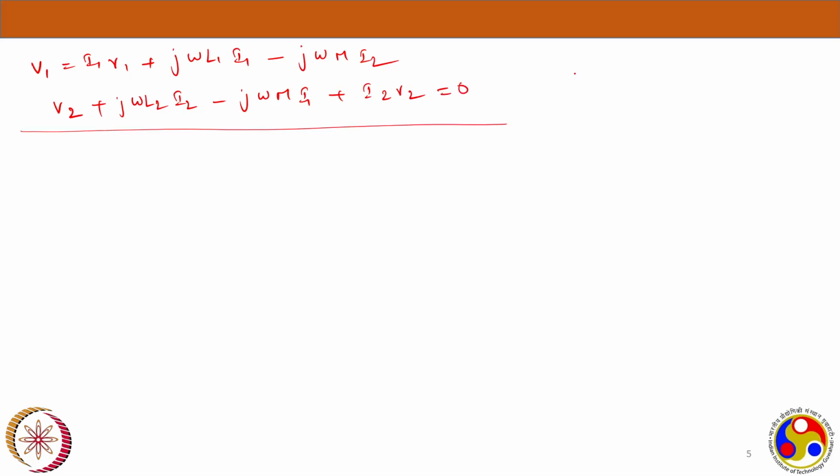Now I'm trying to replace these inductances, L and M. Let's keep M as it is, but we already know what L1 and L2 are. We solved from here. What is the formula for L1? We got the self inductance part plus leakage inductance: N1 phi M1 by I1 plus leakage LL1.